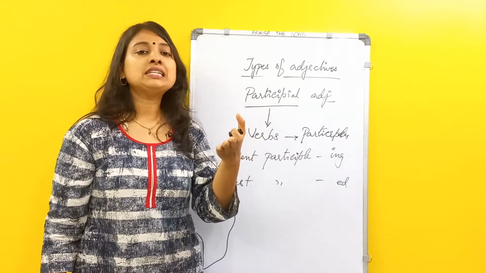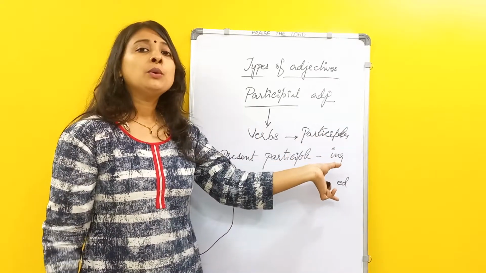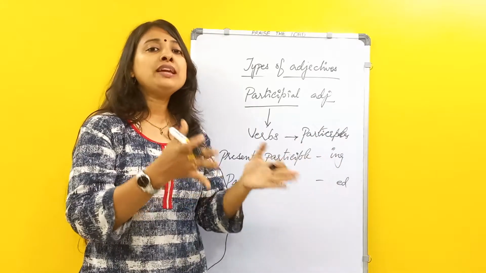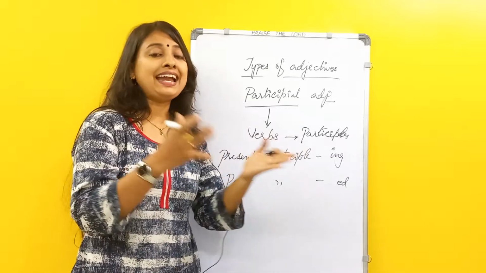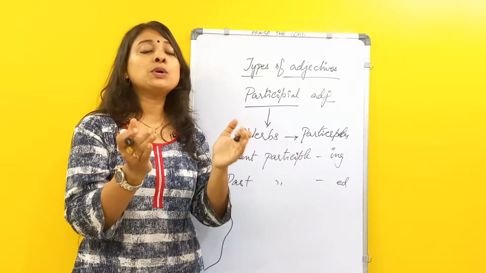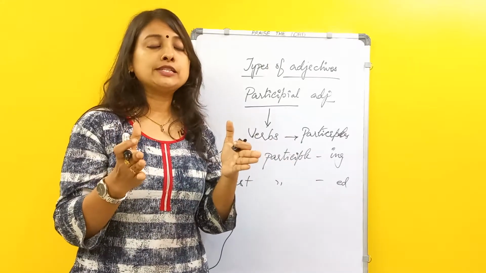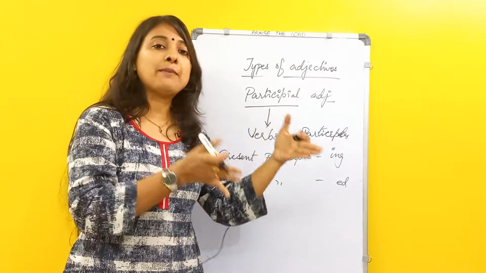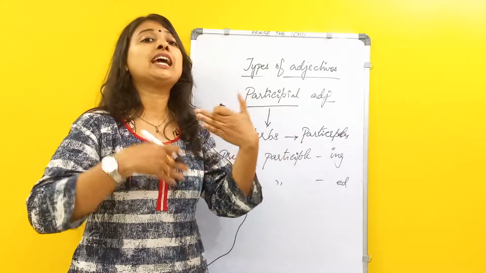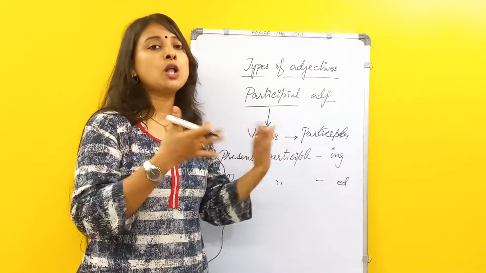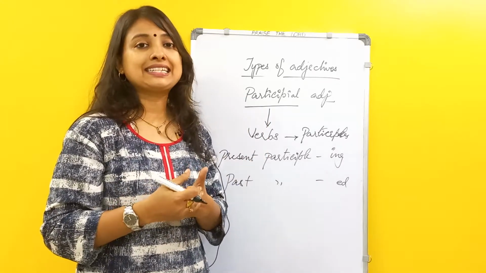So when verbs form new words using ed and ing, we call those words participles. When these participles are used to modify a noun, we call them participle adjectives.